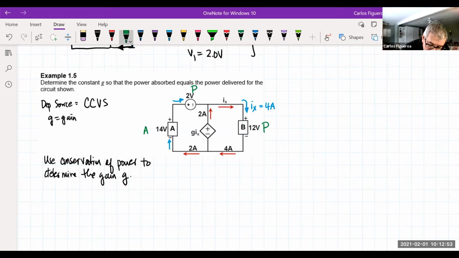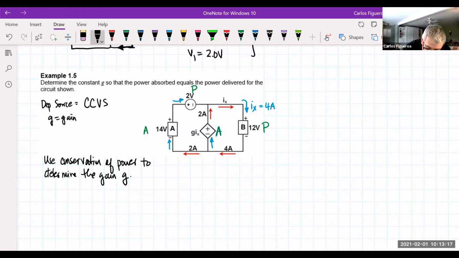According to our sign convention, you can see I have 2 amps coming in here. So in this branch, this GIX looks like it's active.